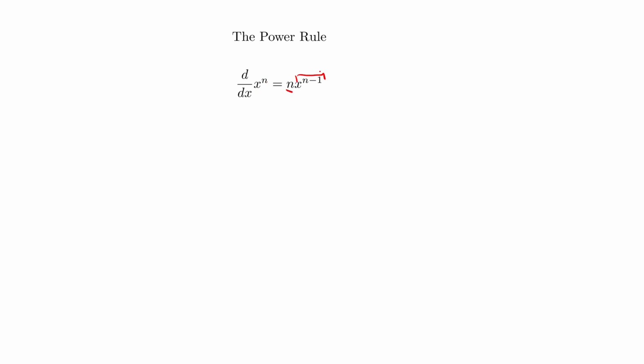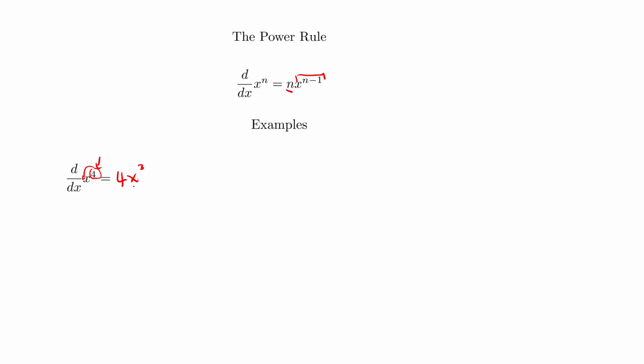So just to do a couple examples of how this works, if I have something that looks like x to the 4th and I want to find the derivative of x to the 4th, the way I like to think about this is you take whatever this number is here, you bring it out front, so this is going to be 4x, and then you look at whatever this number is and you reduce it by 1.